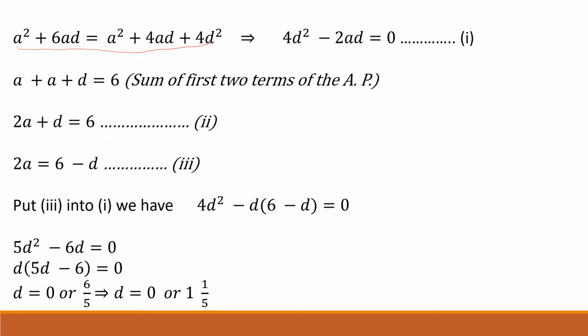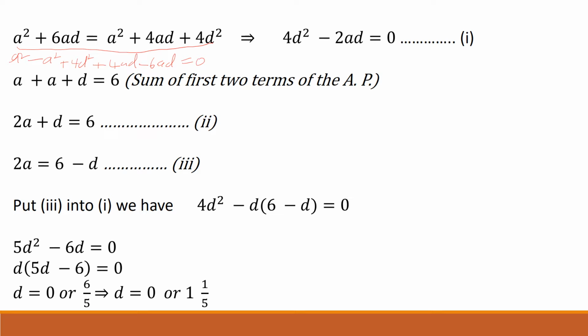So I want to work on this first. Let me have them all on the same side, and I'll have A squared minus A squared, then plus 4D squared, plus 4AD minus 6AD, all equals to 0.